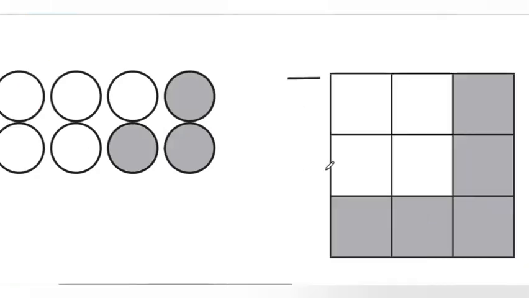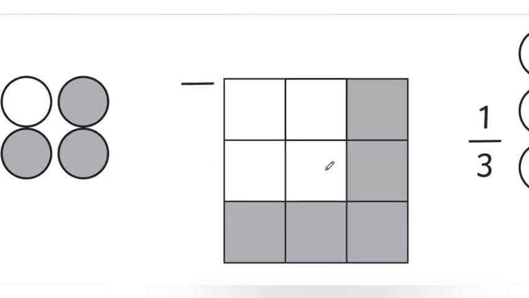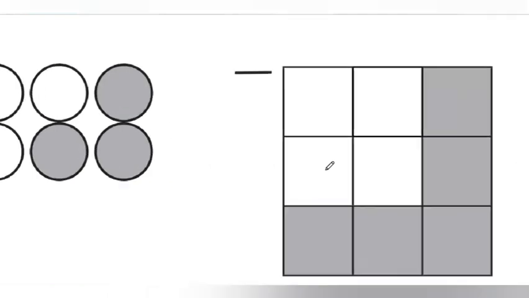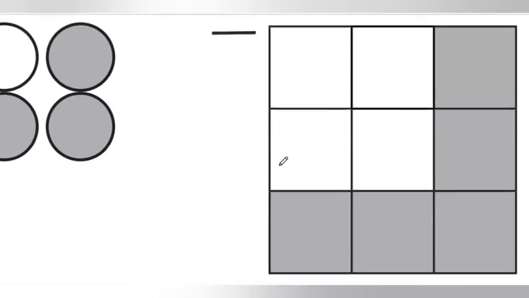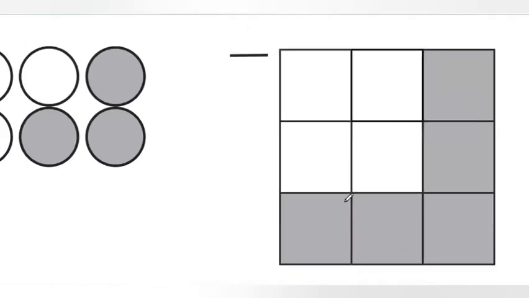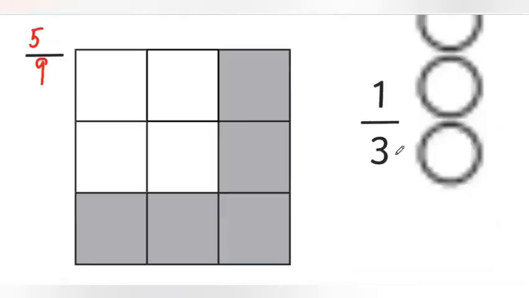Then here, can you express the colored region as a fraction of the whole? 9 parts are there. Then how do we express this as a fraction? 5 out of 9. Very good.